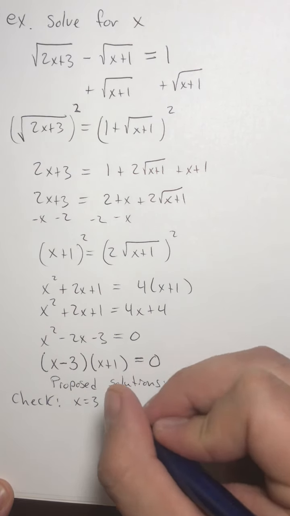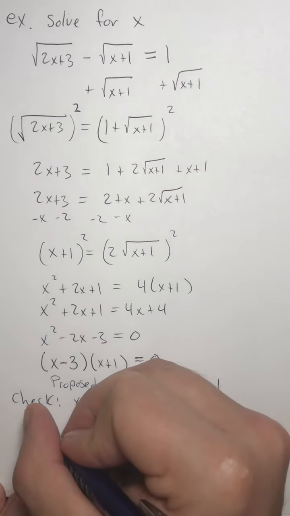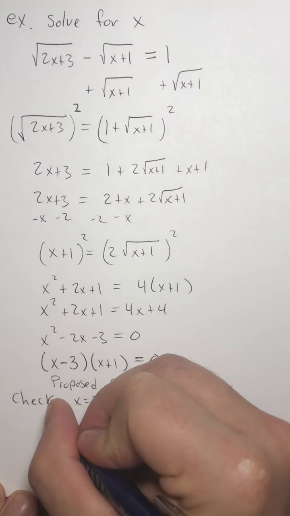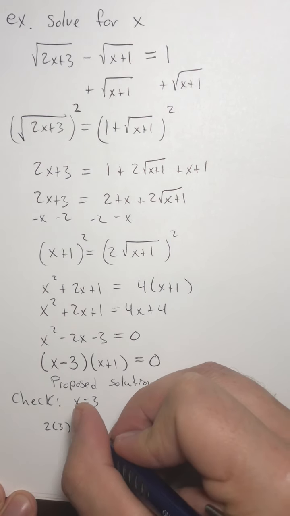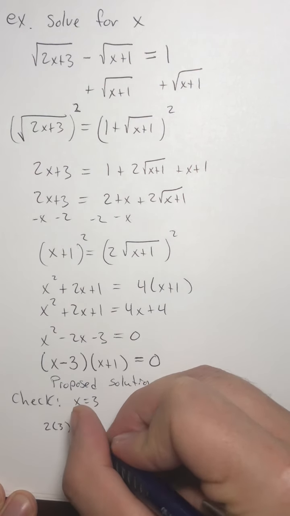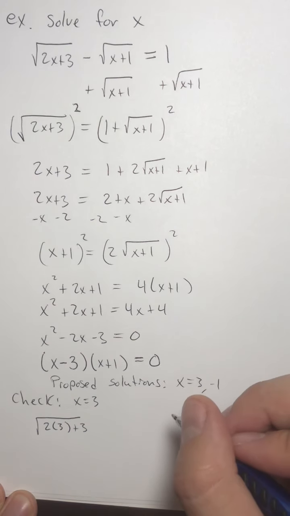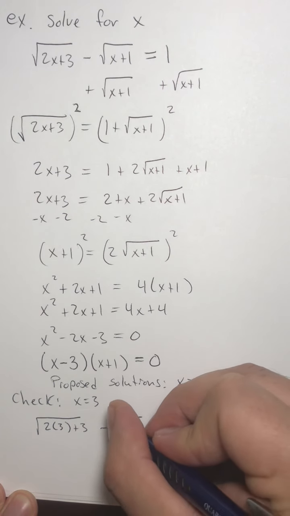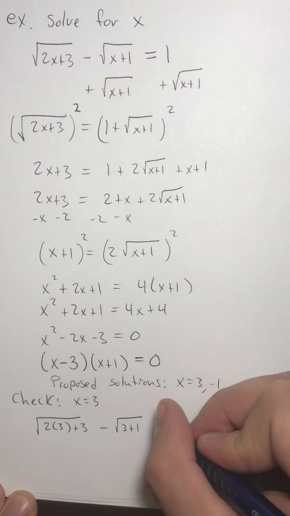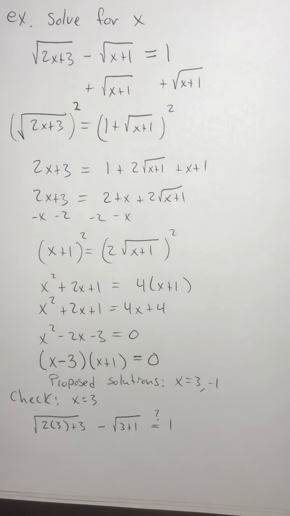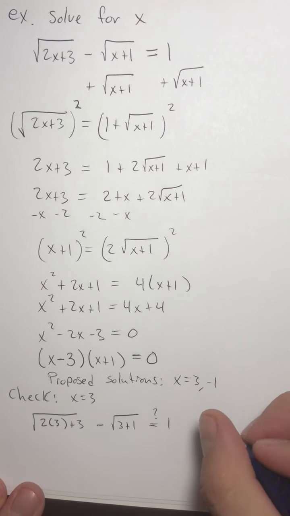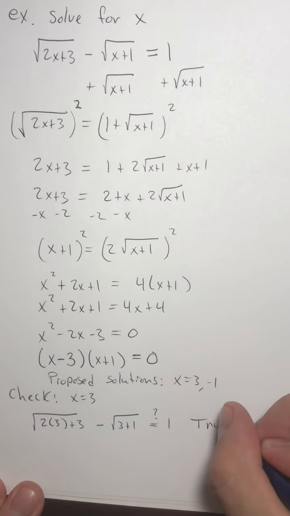And just to save time on the video, just like last time, I'll let you guys do the calculator work to verify for both of them. And this is when we check x equals 3. This is going to give a true statement.